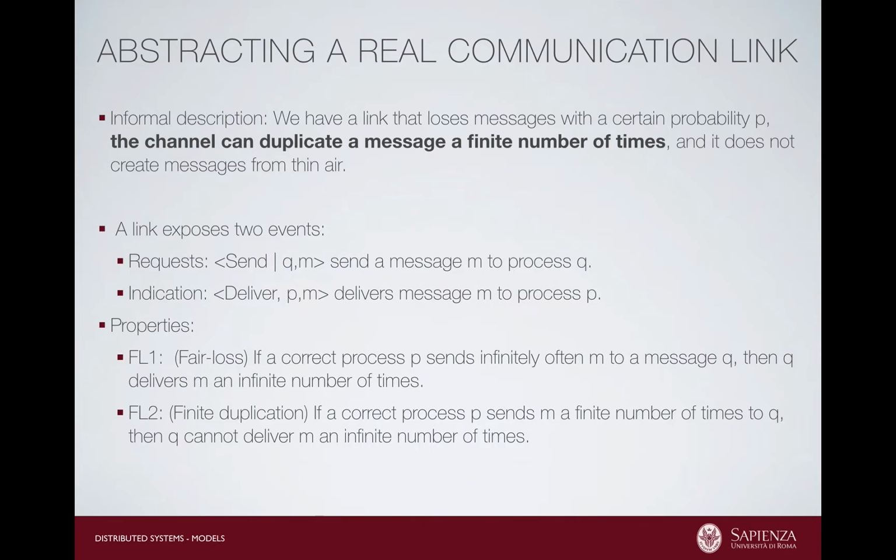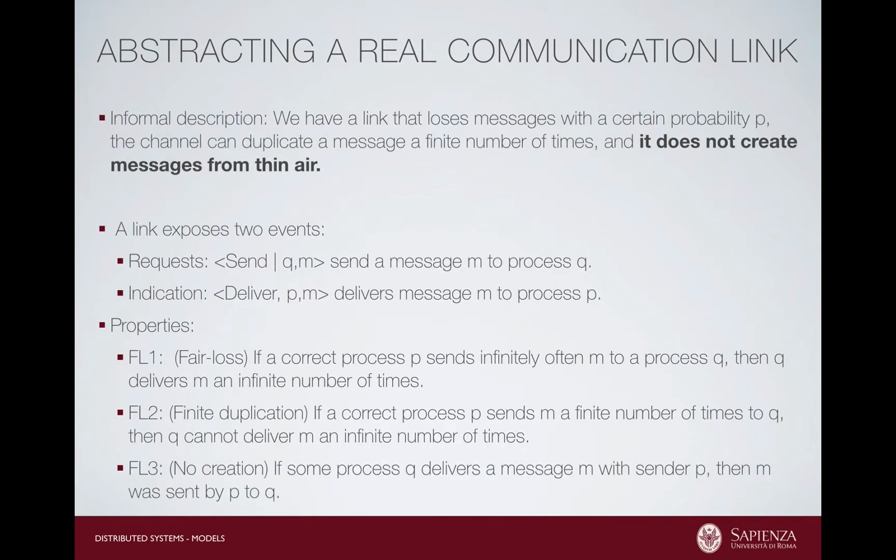And this is just a formalization of the fact that a message cannot be duplicated an infinite number of times. So if you just send a message m 3 times, then q can receive it at most a finite number of times. That can be 3, 6, 9, 10, 100, but it cannot receive m an infinite number of times.